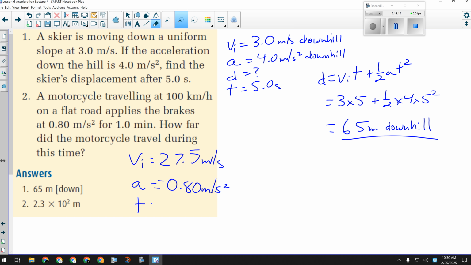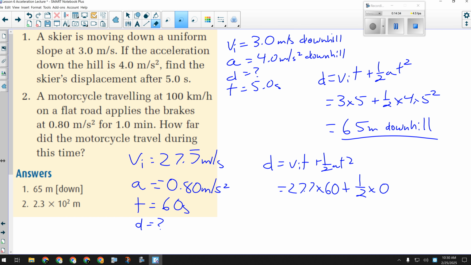All right, and our time is going to be 60 seconds. How far did it travel? So we're looking for D. D is going to be VI times T plus 1/2 AT squared. In this case, that's going to be our 27.7 times 60 seconds plus 1/2 times negative 0.8 times 60 squared.